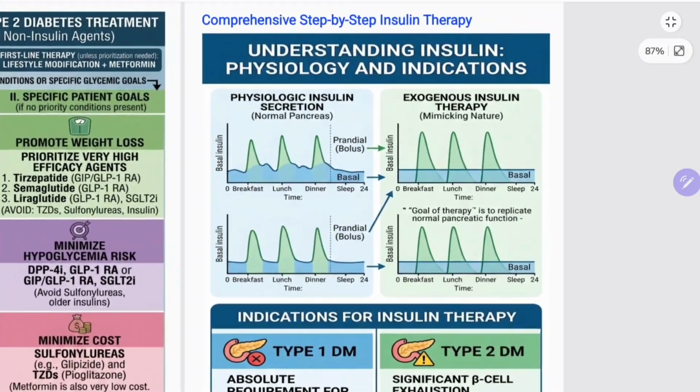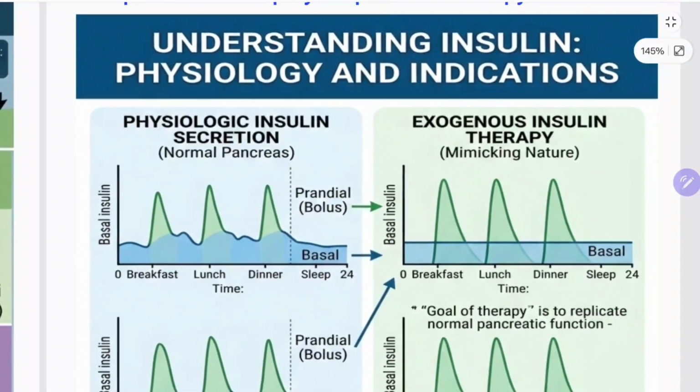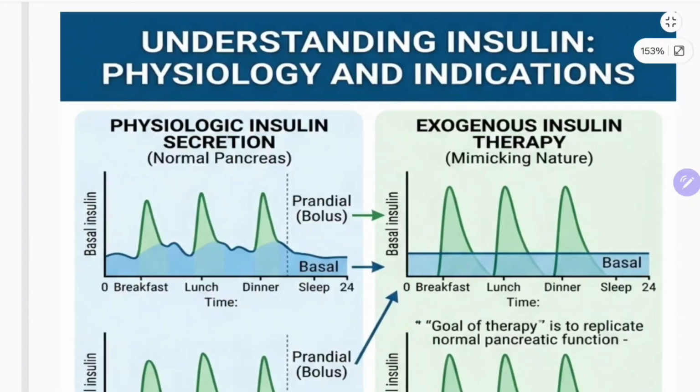Before moving on to how we give insulin pharmacotherapy, we should know the physiology and the concept behind giving insulin pharmacotherapy. As you can see here, in physiological secretion there is a 24 hour basal insulin secretion by the body, this blue line.